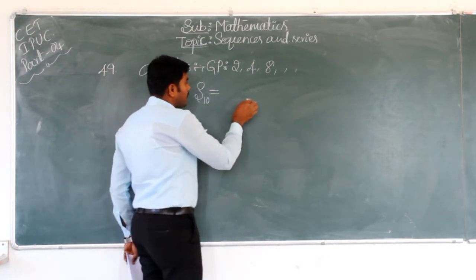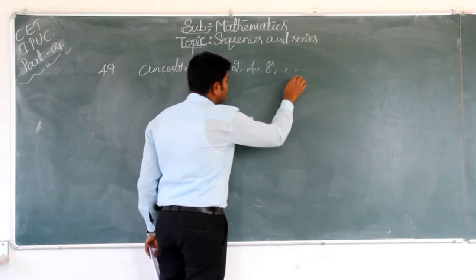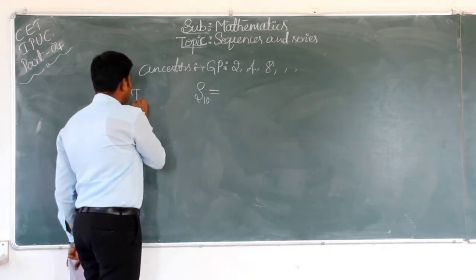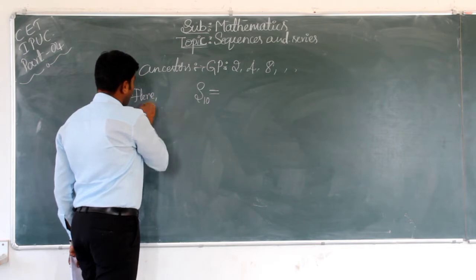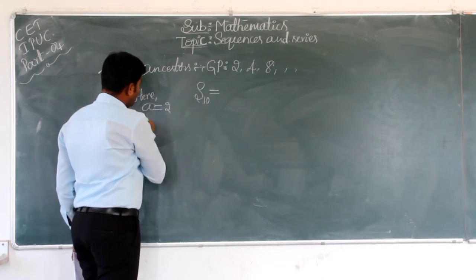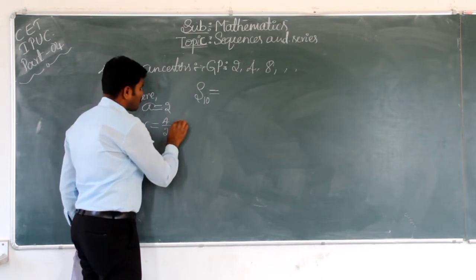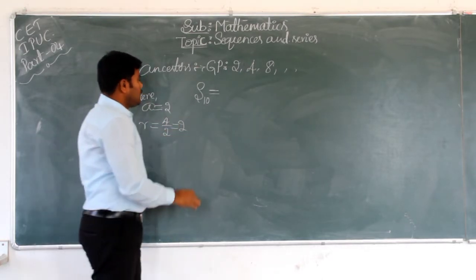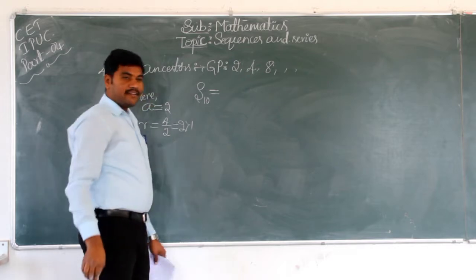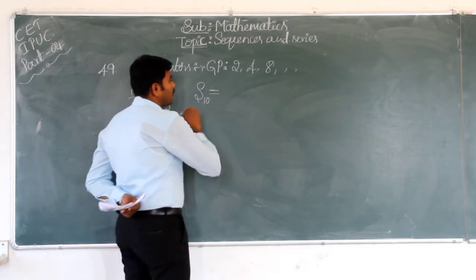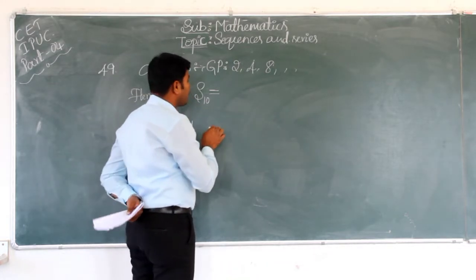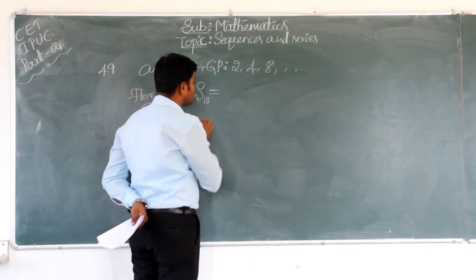Here a is 2 and r is 4 by 2, that is also 2. See here r is greater than 1, therefore we have to use the formula Sn is equal to a times r to the power of n minus 1 upon r minus 1, right?